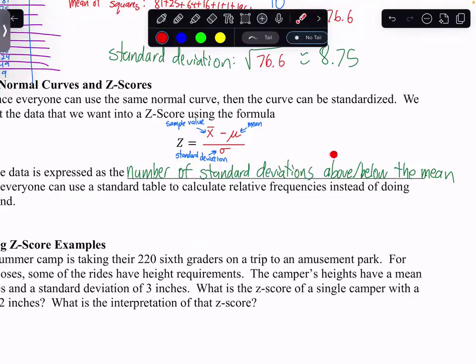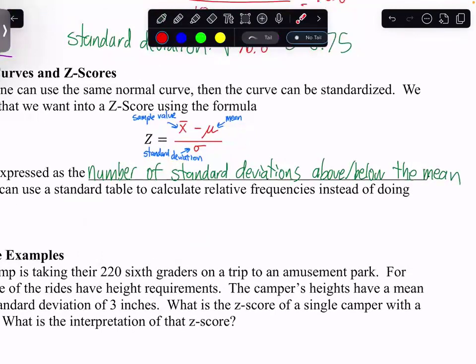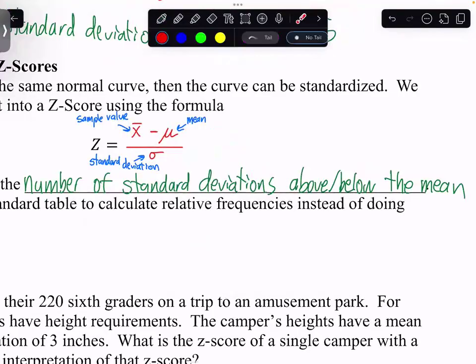So when the z-score is positive, that means above the mean. When the z-score is negative, that means below the mean.